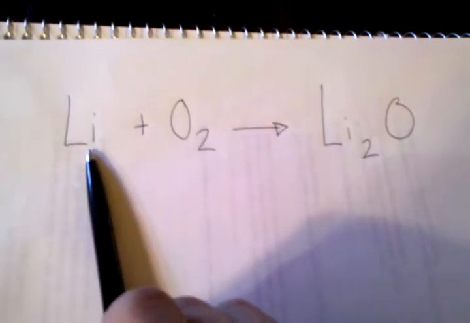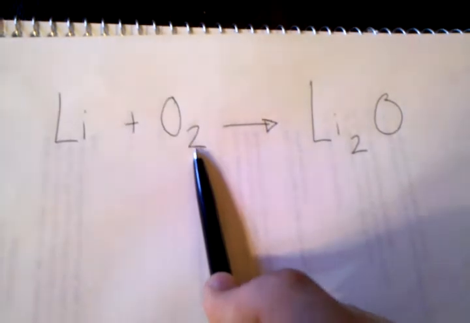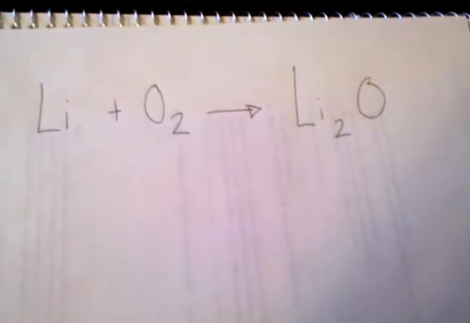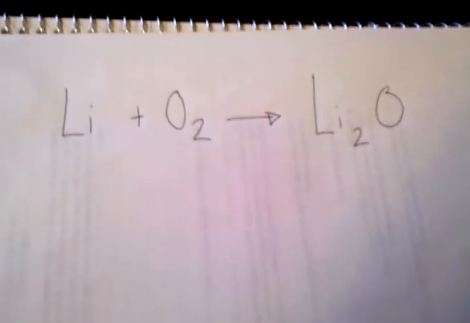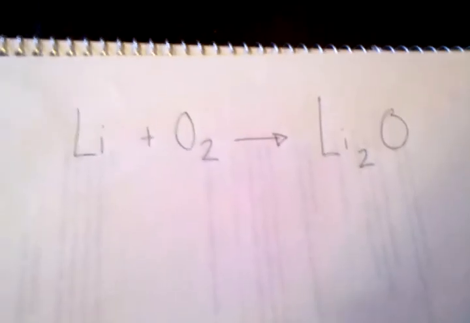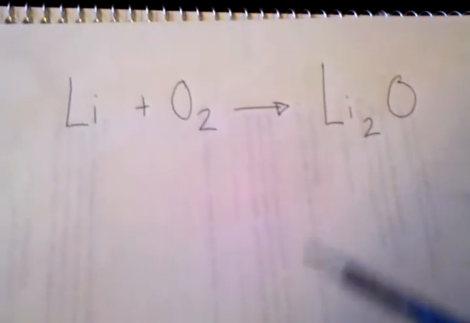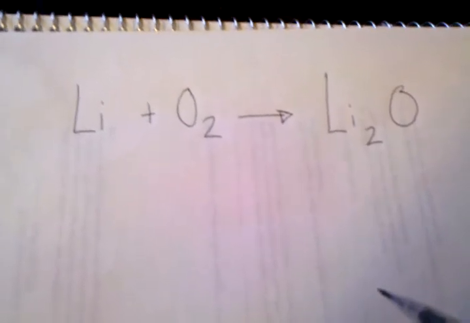The left side has one lithium atom, and then a compound here. This is more complicated, so we'll start with this side. It's recommended when balancing equations that you use a pencil, because you'll probably be doing some erasing. Number 2, balance the less complex compound.